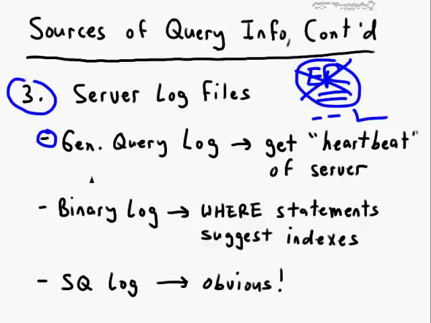To start the query log, you would just open up your option file, navigate to the MySQLD portion, and depending upon which version of MySQL you're running, if you're on MySQL 5, you would just put one word, log. And you can actually throw in an equals and then specify a different path and a different file name if you want to.